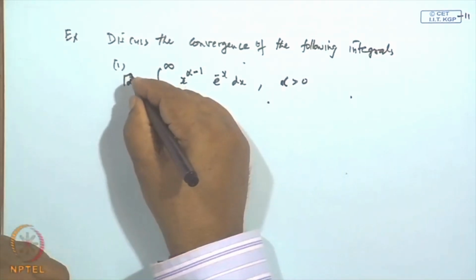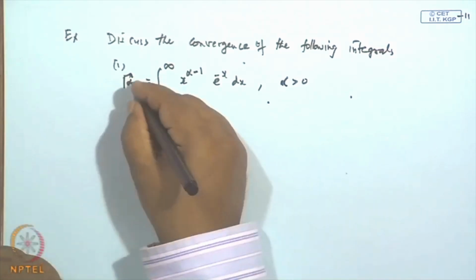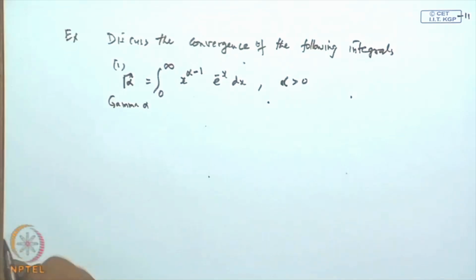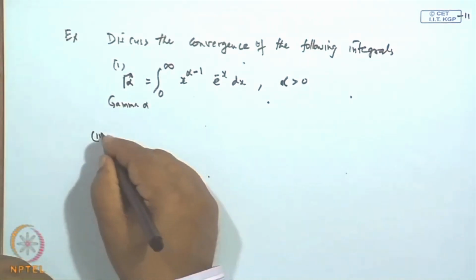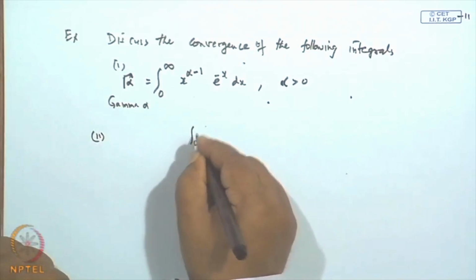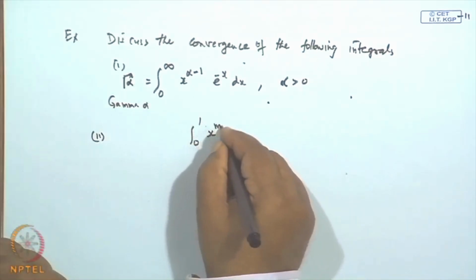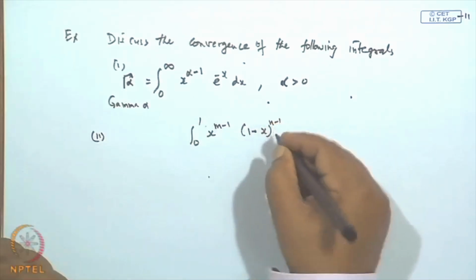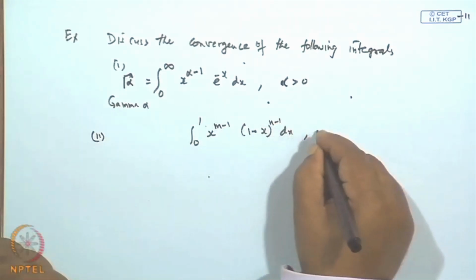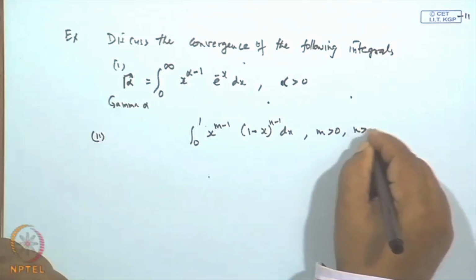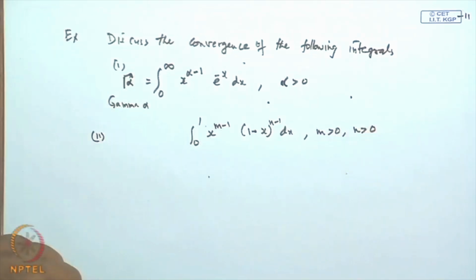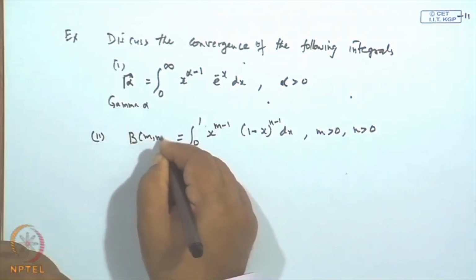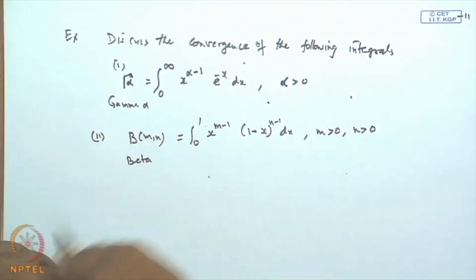So we will use the notation gamma alpha later on. The second integral is 0 to 1 x to the power m minus 1 times (1 minus x) to the power n minus 1 dx, when m is greater than 0, n is greater than 0. This integral we denote by the beta function, beta(m, n).